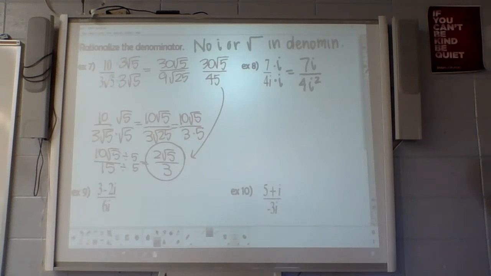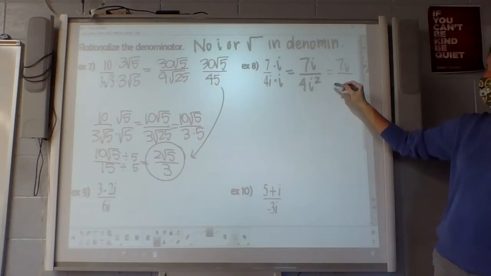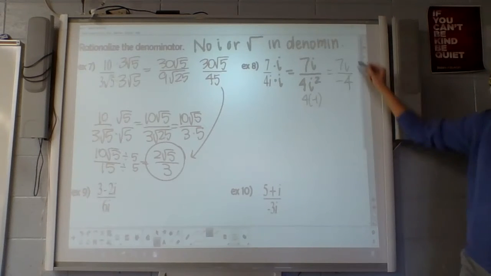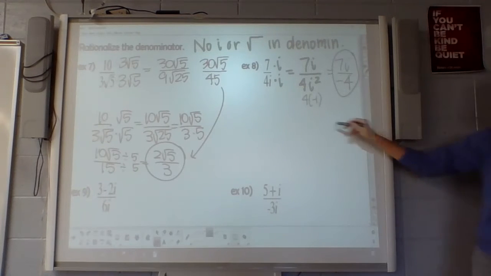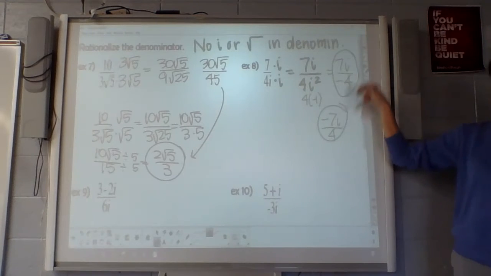So you probably want to stick with trying to get rid of the I right now. So this is 7i on top, and then this would be 4 times a -1. So this would be a -4 on the bottom. Now if you're checking your work, just so you know, the negative could be on the top or the bottom. So if the answer says this, it's the same thing. So the negative could be top or bottom.